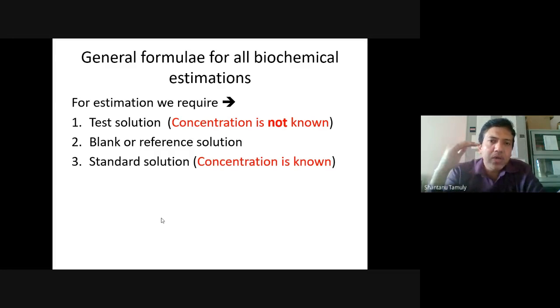So here we have a test solution where we want to estimate the concentration, a blank solution, which is the liquid where our test compound is dissolved, and a standard solution where the concentration is known to us. These three things are required for the estimation of any biochemical compound.